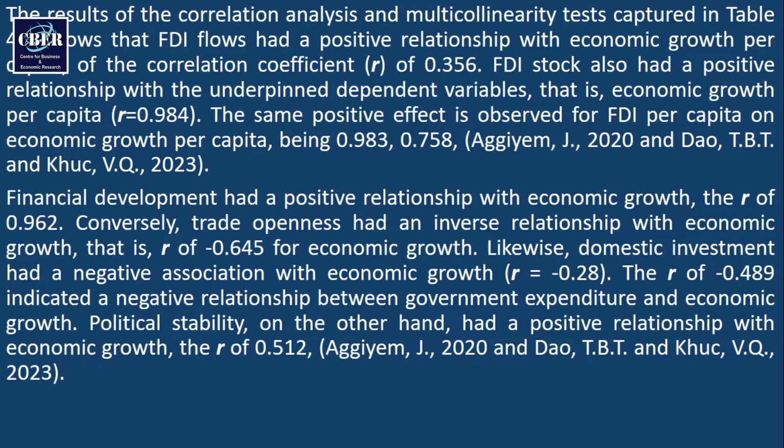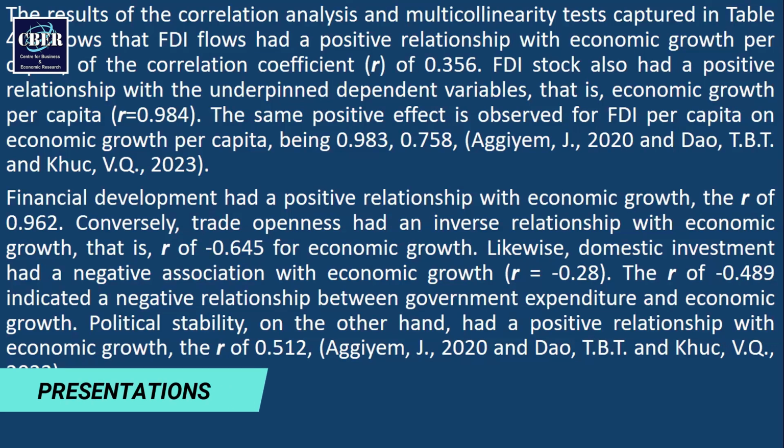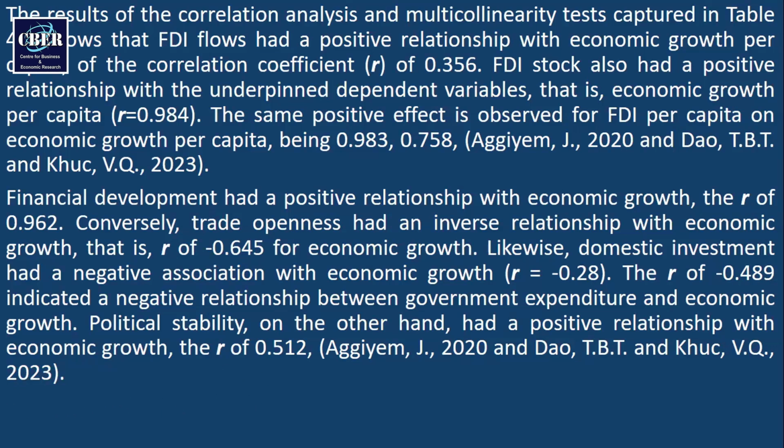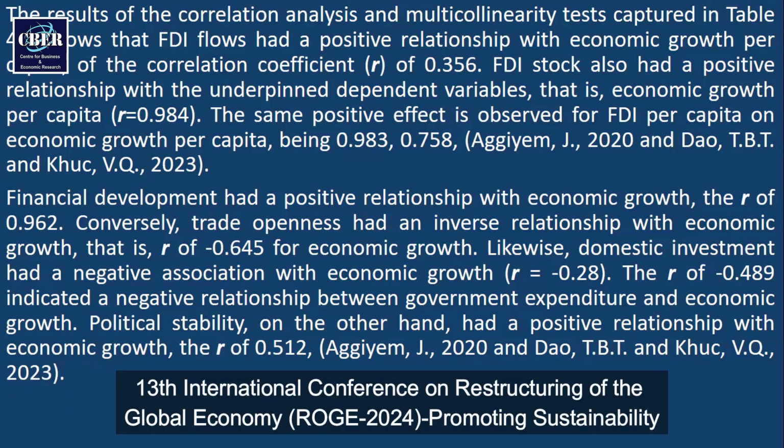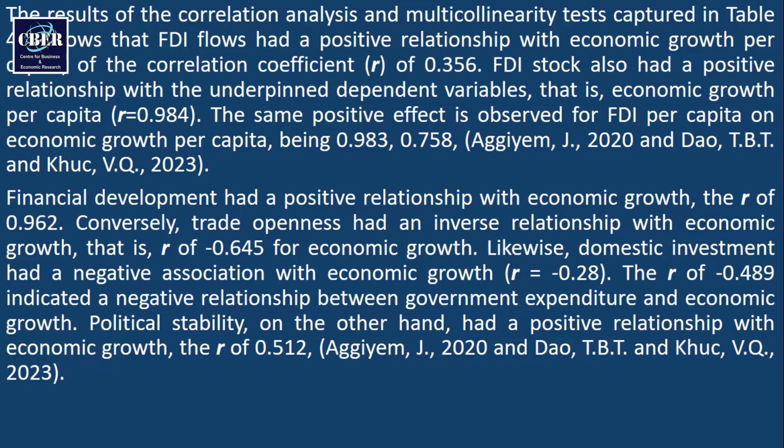Financial development had a positive relationship with economic growth, with an R of 0.962. Conversely, trade openness had an inverse relationship with economic growth, that is R of negative 0.645. Likewise, domestic investment had a negative association with economic growth, R is equal to negative 0.28.